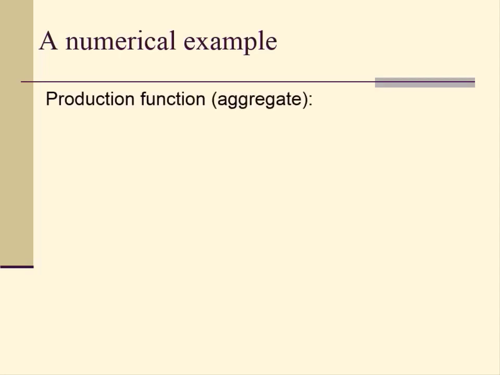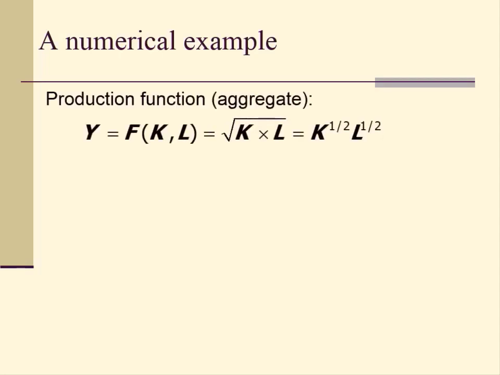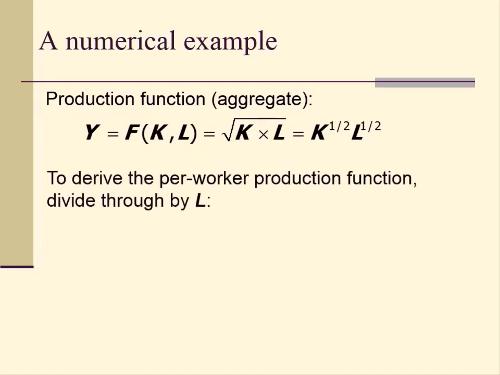Suppose the production function looks like this. That is, it's a Cobb-Douglas production function with exponents 1/2 for capital and labor. And to derive the per worker production function, we can divide through by L on both sides, that is Y over L equals K to the 1/2 L to the 1/2 over L. Then it can be simplified to open parentheses K over L close parentheses to the 1/2 power.